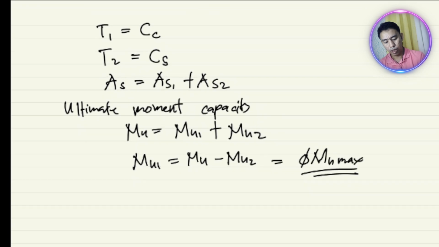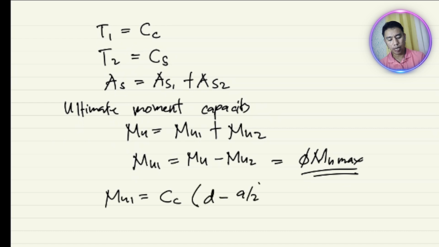Okay? So how to solve MU1 here? Looking at the figure, MU1, we can use the compression concrete CC times the couple distance of couple D minus A over 2. Ang MU2 rin, pwede tayong mag-start sa compression steel. Ayan.